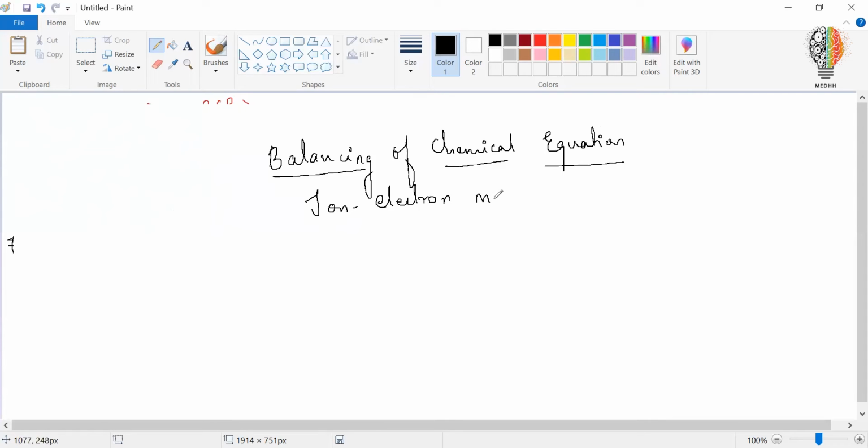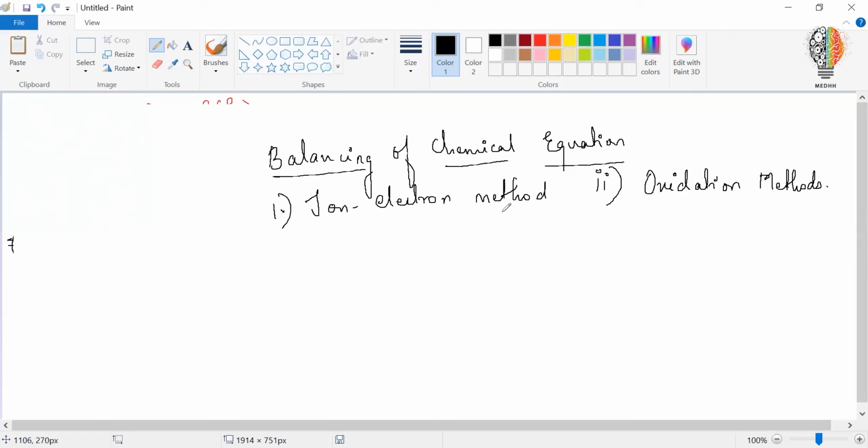This one is the most important, because most of the time this is majorly asked, and students find difficulty in solving or balancing it out. So I'm going to discuss this method. And the other one is the half oxidation method, or oxidation number method.